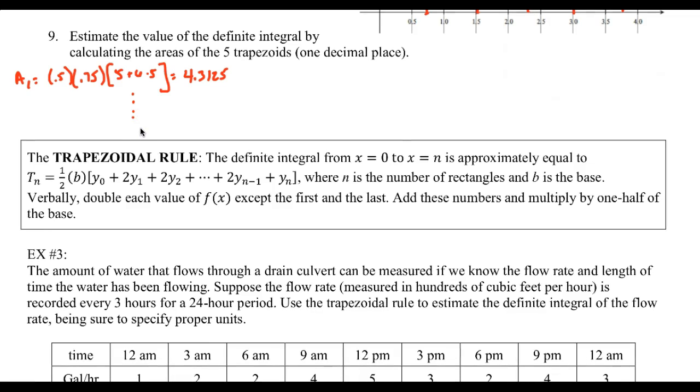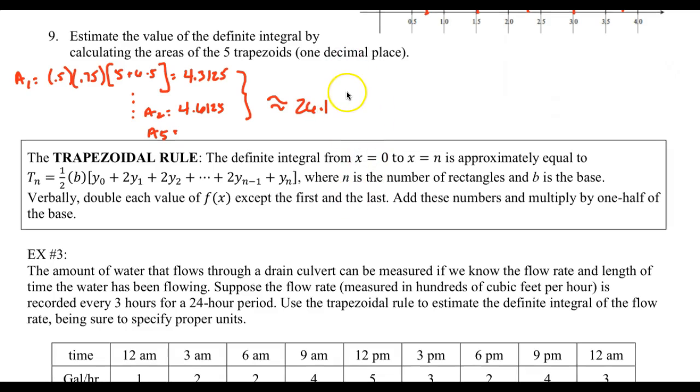A2 should be, and once you sort of add all these up, all the way to A5, that should give you something in the ballpark of 26.1.